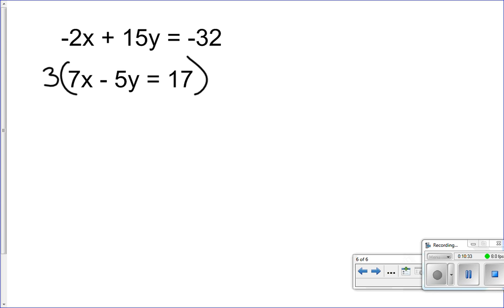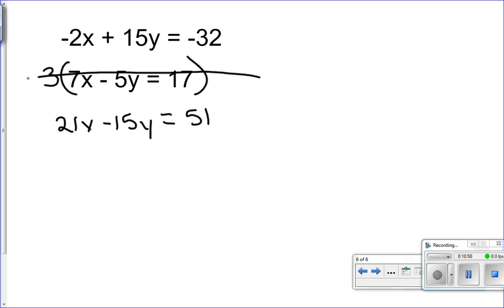And so I'm going to get 21x minus 15y equals 17 times 3 is 51. Remember to multiply all three terms in the equation. 7x, negative 5y, and 17. And so then, since I'm done with that equation, I'm going to put a line through it.